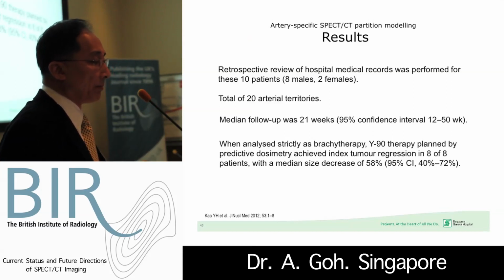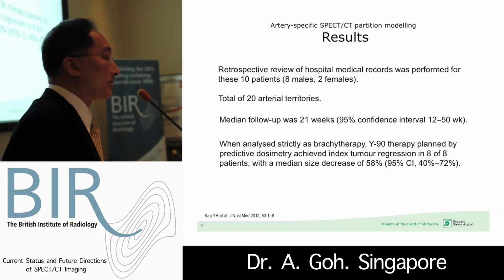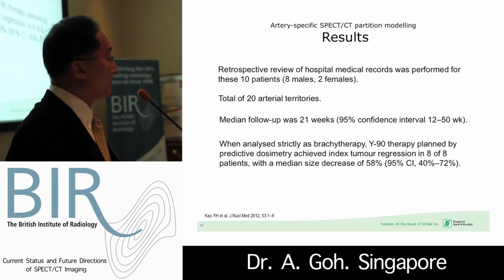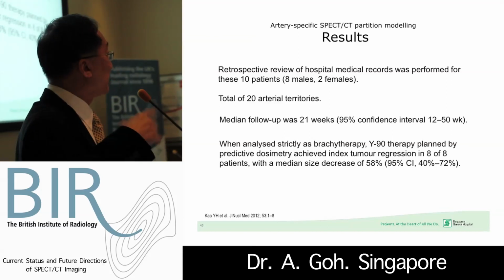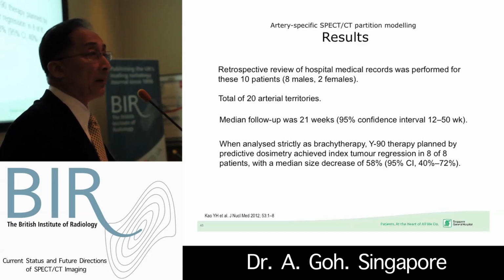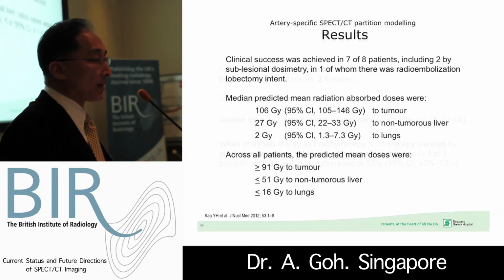And amongst many other findings in the analysis, we found that if we analyze the results strictly as brachytherapy, Y-90 therapy planned according to this methodology achieved a 100% tumor regression. So there's a high index of prediction of the outcome using the dose calculation beforehand.